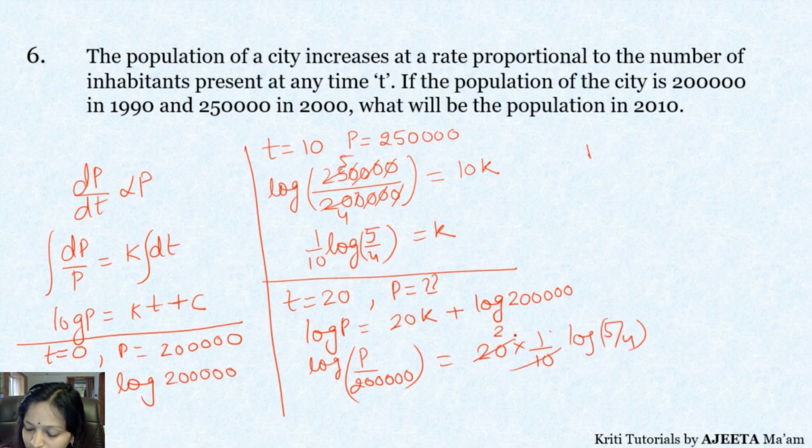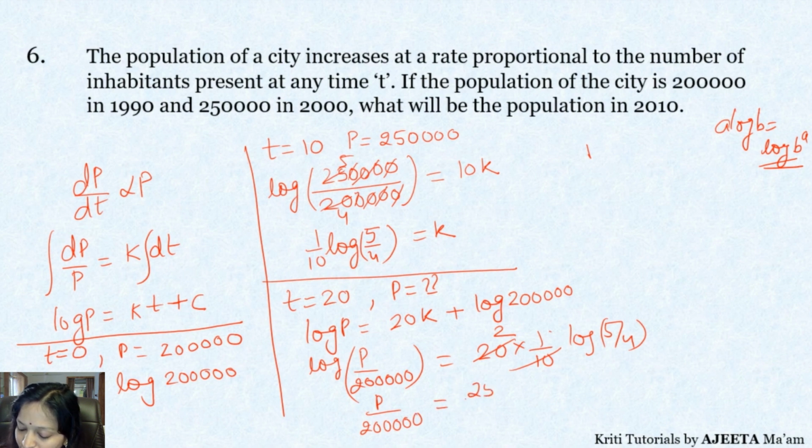So 2 times. Okay, now let's use the property of log. One more property of log that we will use here: a log b is log b raised to a. Right? Now let's do it. P by 2 lakh is 25 by 16. Can anyone make out why?